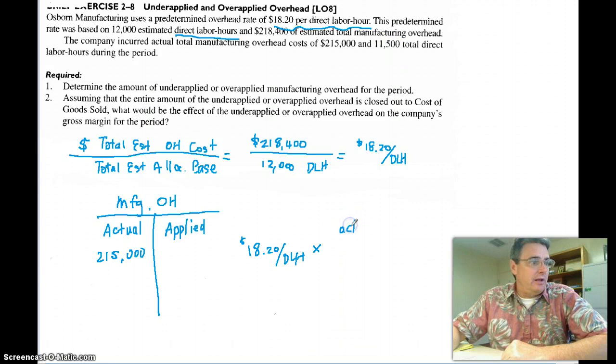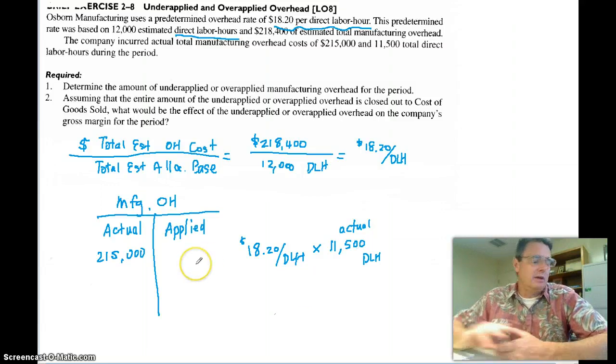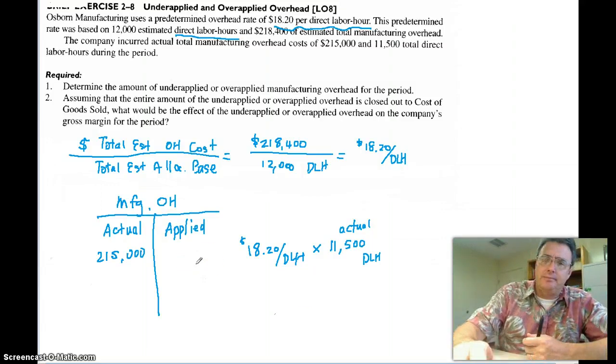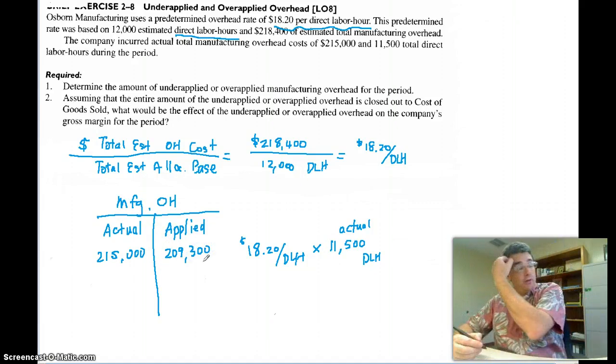So this is where we need actual direct labor hours, 11,500. The overhead is applied throughout the period based on our predetermined overhead rate. Let me calculate that with the machine here: $209,300. Is that what you got? I think that's right.